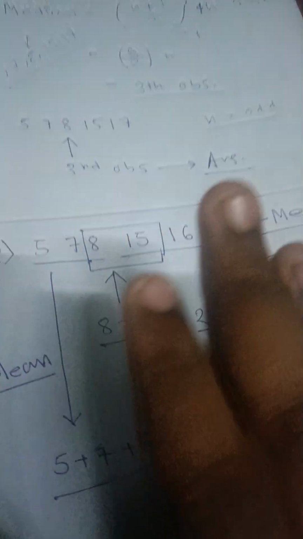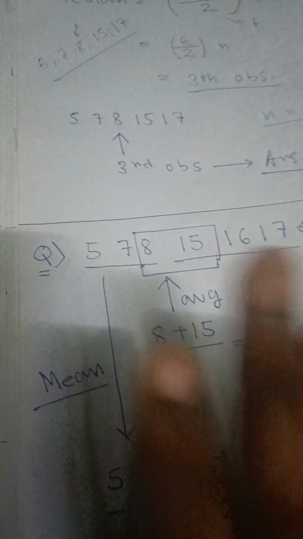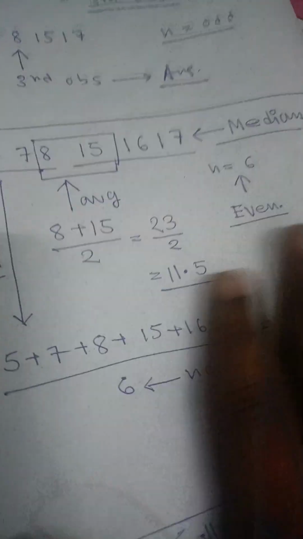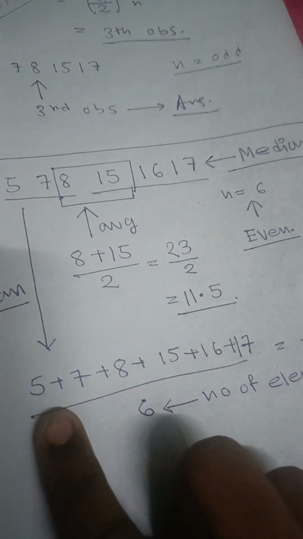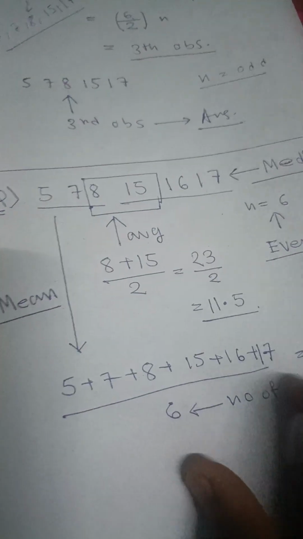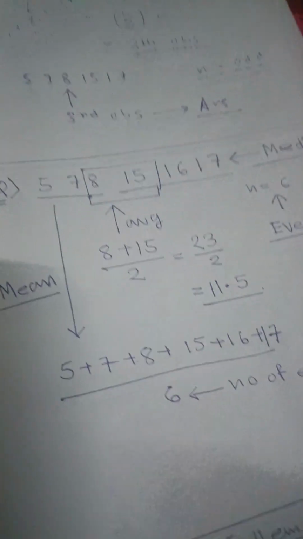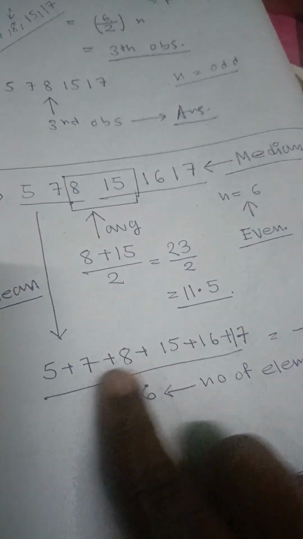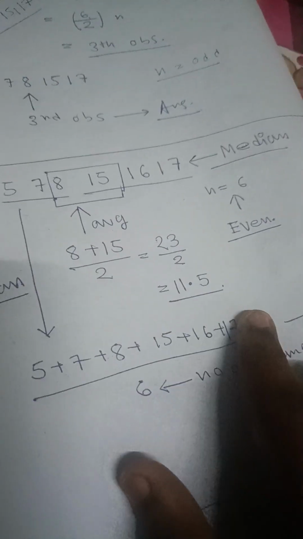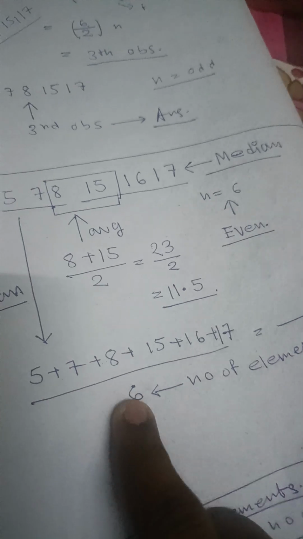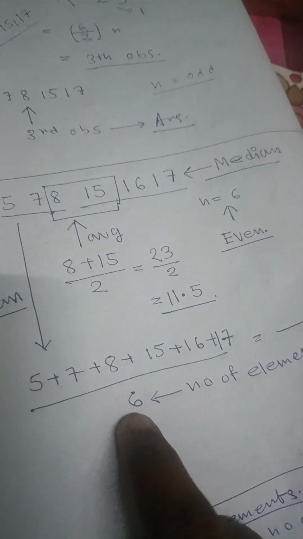Okay, now we have to find the mean of these numbers. To find the mean, we will just use the arithmetic mean. When it is not mentioned which mean to calculate, we generally use the arithmetic mean, that is the addition of all numbers divided by how many elements there are.